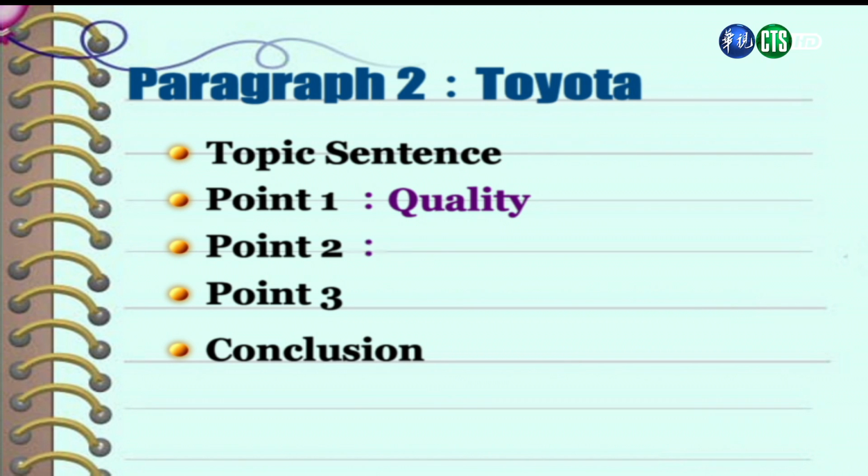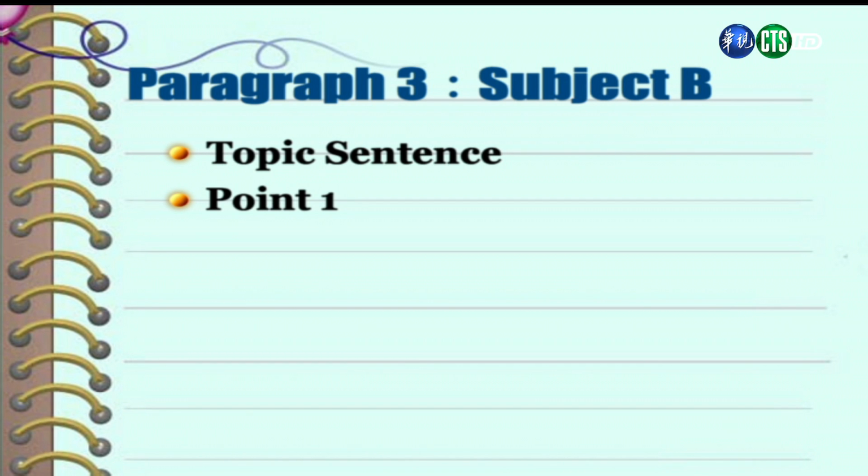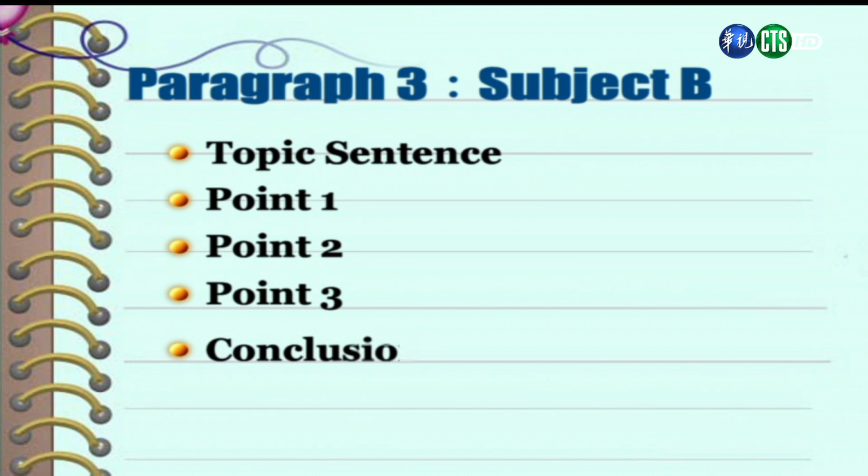The second point will be about the comfort of a Toyota, and the third point will be about the cost of a Toyota. Right, and then you should organize your third paragraph in the same way that you organize the second paragraph, but we'll talk more about this after we take a break.